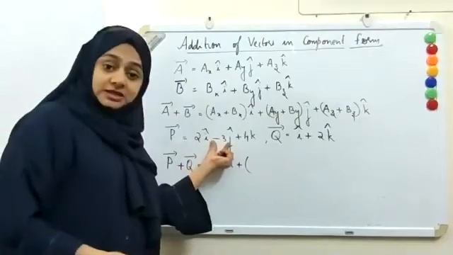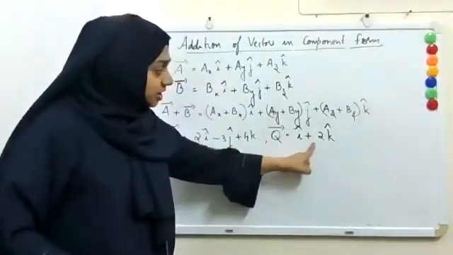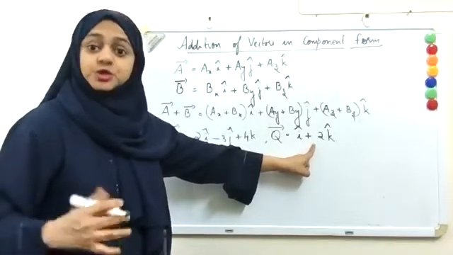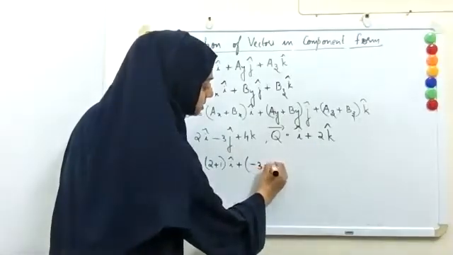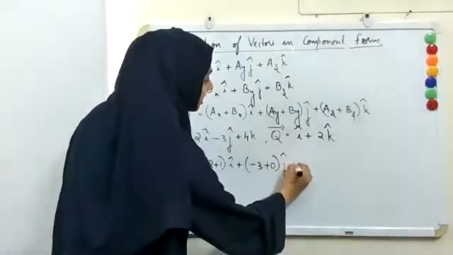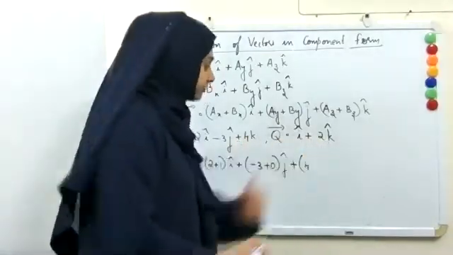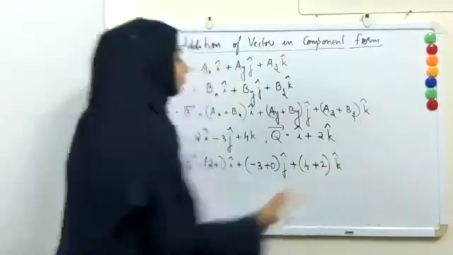now, what are the j coordinates? Here it is minus 3. So you have to take minus 3. Is there a j coordinate here? No. So you can take it as 0. So (minus 3 plus 0) j plus, here you have 4 and here you have 2, (4 plus 2) k.